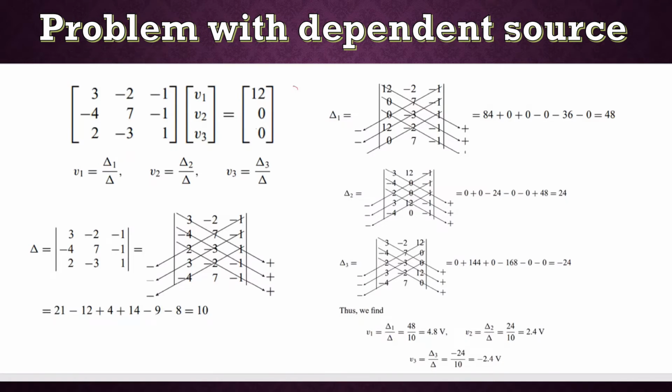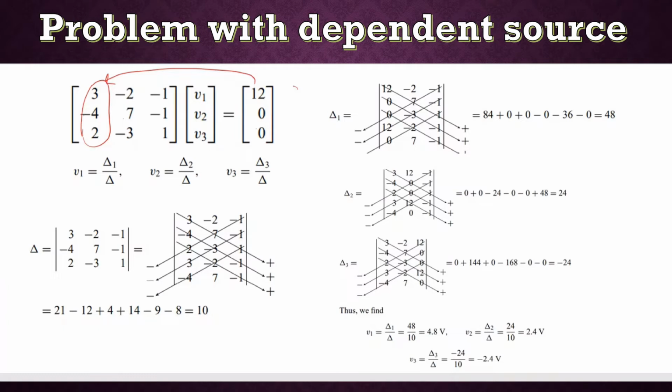What is del 1? If you want to find V1, you replace the first column with the constants column, and you are going to get del 1. If you want del 2, replace the second column with this column, and you will get del 2.